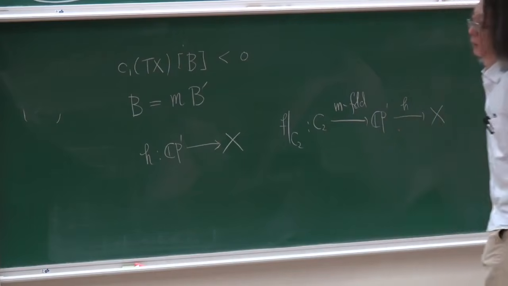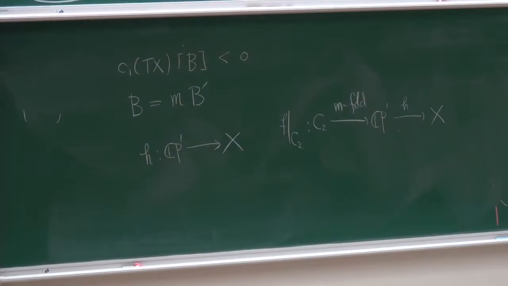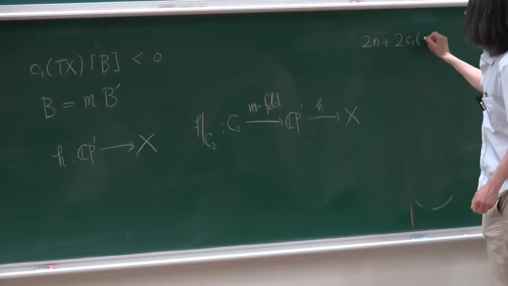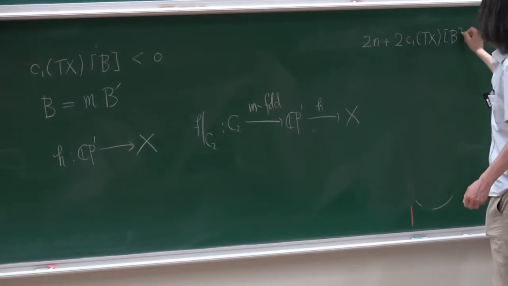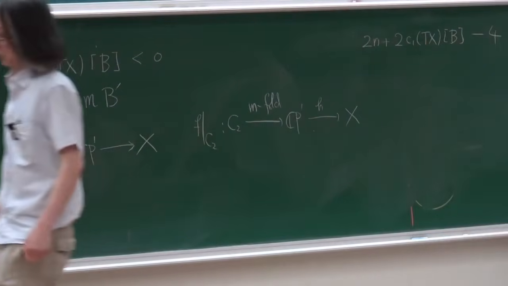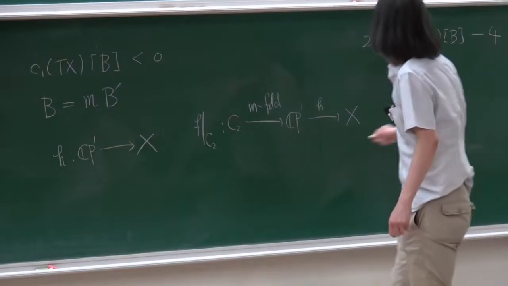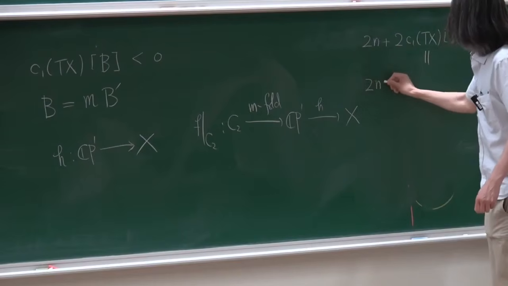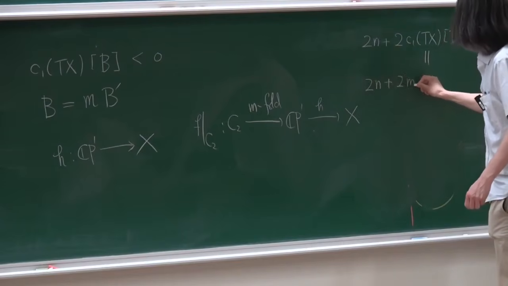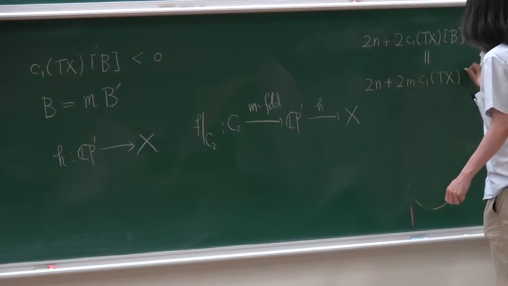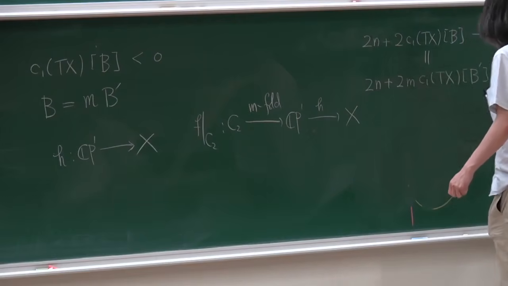Then what happens? I just want to tell you the dimension of this B part. There I wrote 2n plus 2c1(TX)(B) minus 4 here. And this is equal to 2n plus 2m c1(TX)(B') minus 4.